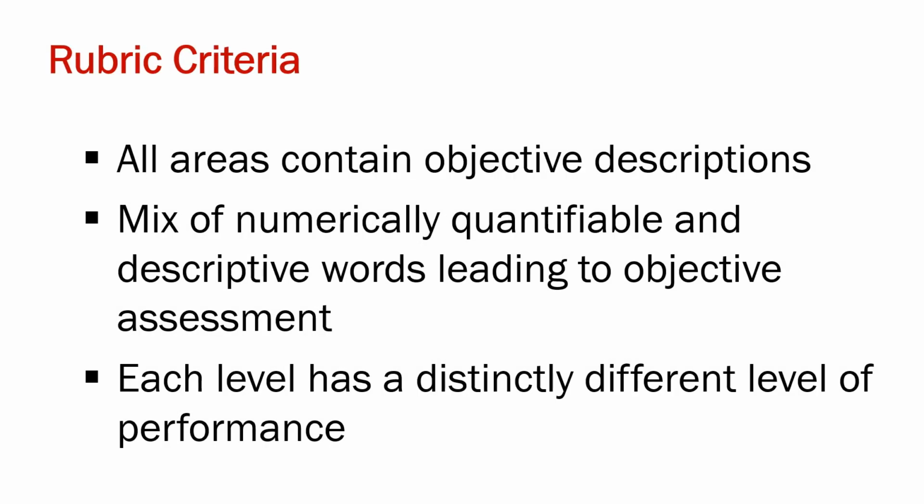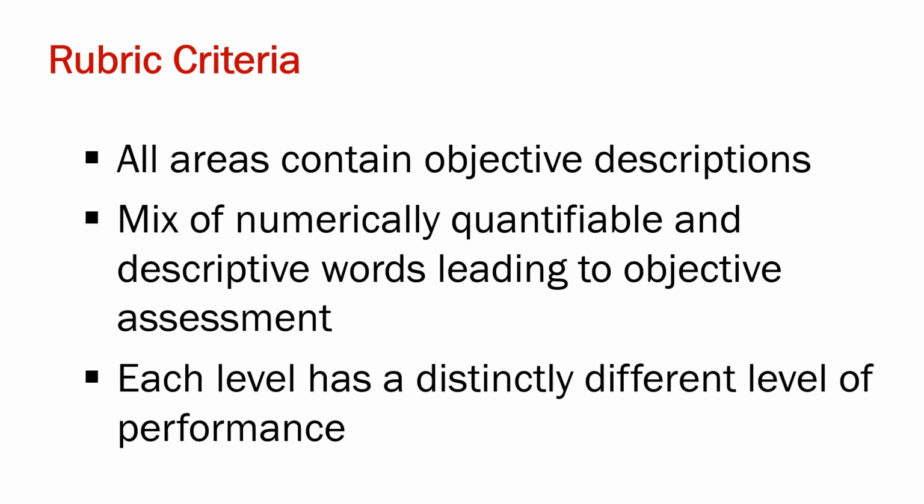In terms of overall criteria that you create, that would be sort of the 1, 2, 3, 4 levels, or the poor, adequate, and excellent, or something like that. First of all, the areas that you create need to contain objective descriptions. You should have a mix of numerically quantifiable and descriptive words that lead to the assessment of each of the objectives in each of the levels.